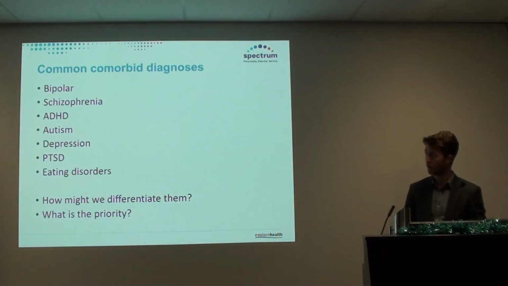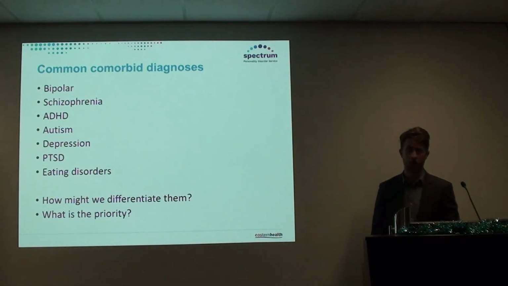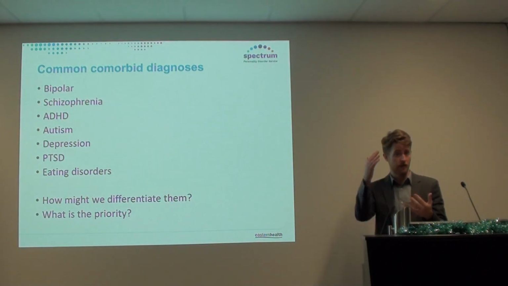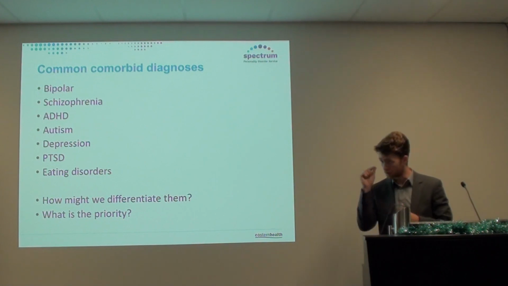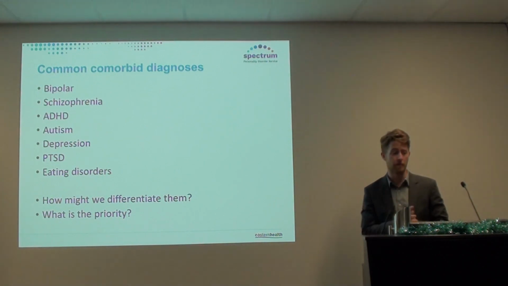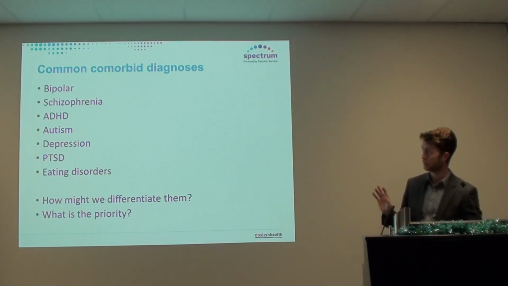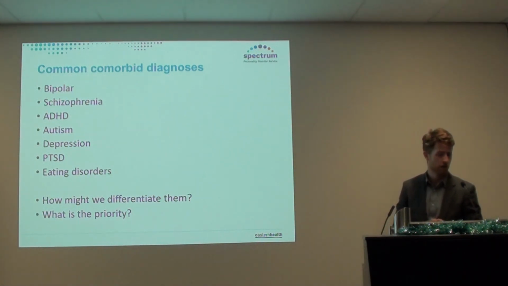But as I said earlier, comorbidity is almost a rule within BPD, and so many times you'll look at their record and you'll see many different diagnoses on there. That can often be a little signal that you should start thinking about BPD. The ones that we see commonly here: bipolar, schizophrenia, attention deficit hyperactivity disorder, autism, depression, PTSD, and eating disorders.